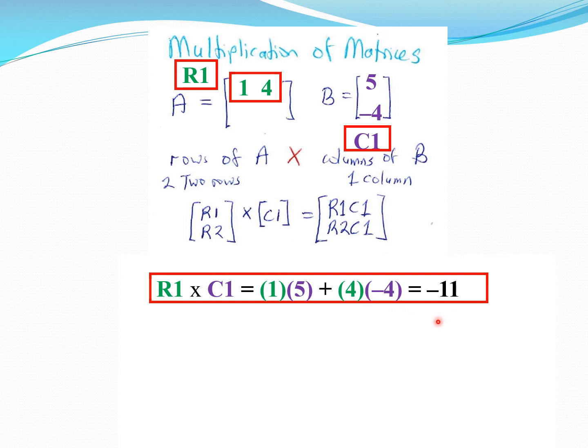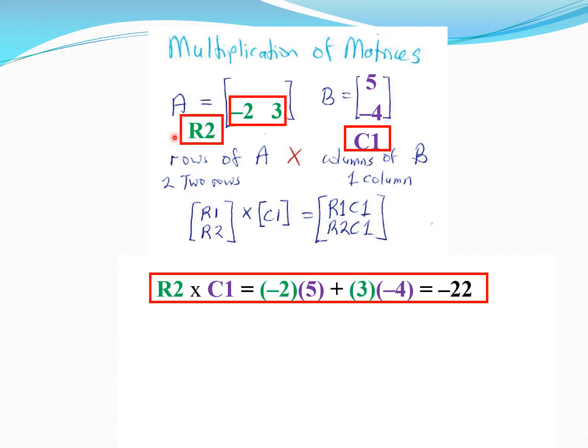So to multiply a row by a column, all you do is multiply the first number in the row by the first number in the column, plus the second number by the second number in the column. As you'll see later on, sometimes we might have three numbers in that row and three numbers in the column, and we just do the same operation: multiply the first number in each, plus the second number in each, plus the third number in each, and so on.